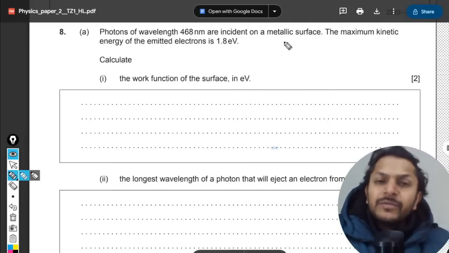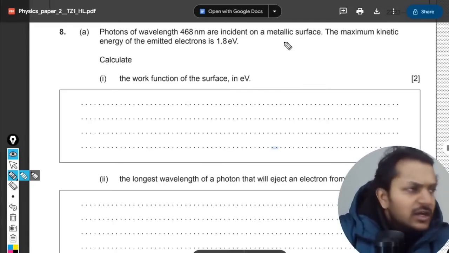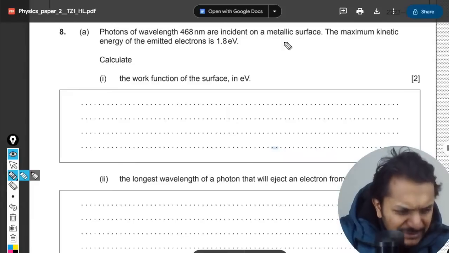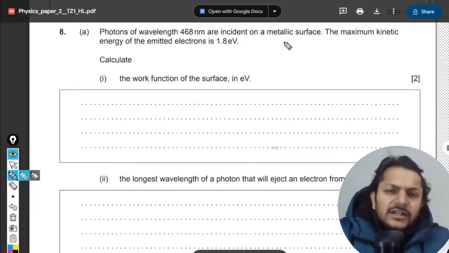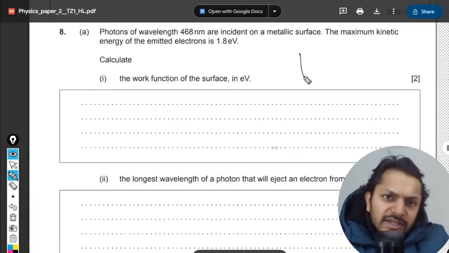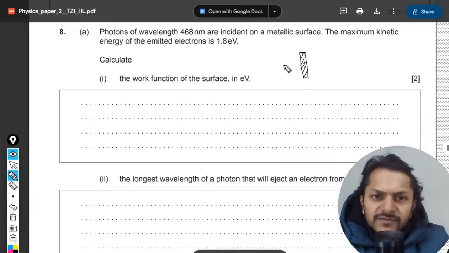This question is from the photoelectric effect, which topic? I believe topic 12, I think. I'm not sure about it, but anyways, okay, no problem. So this is the metallic surface, and this is a photosensitive metallic surface.